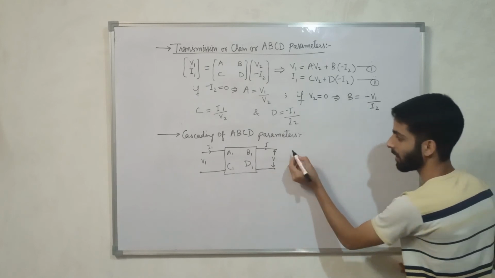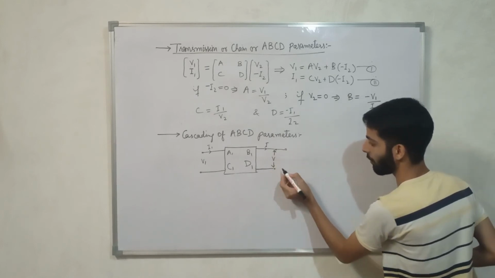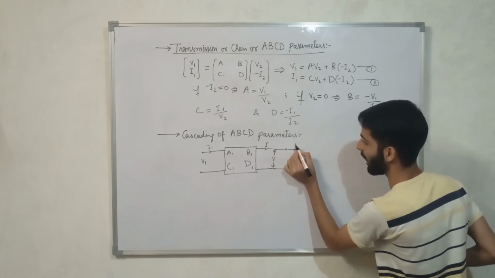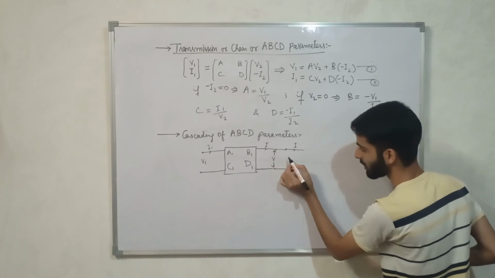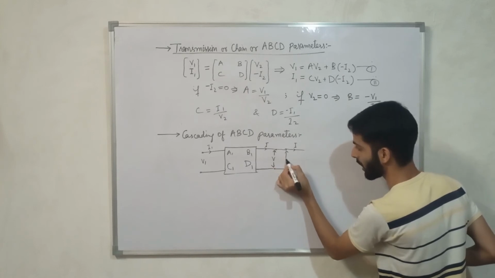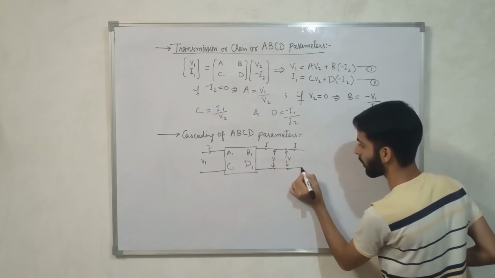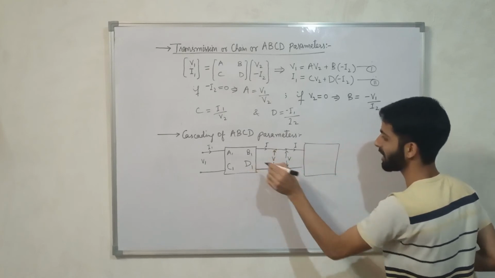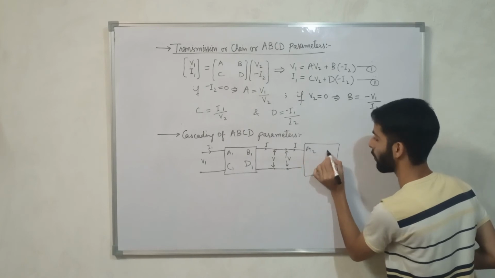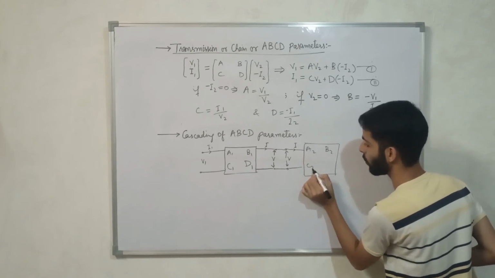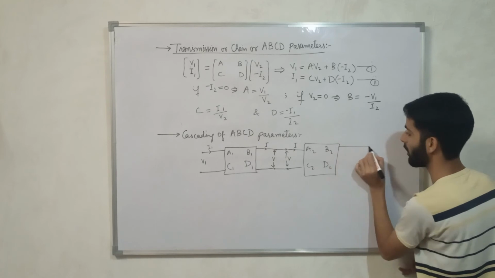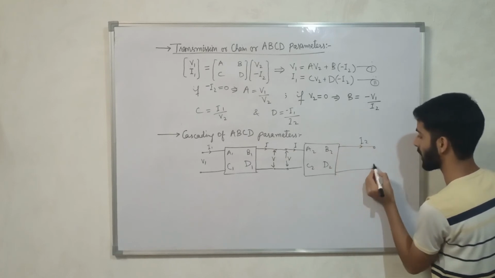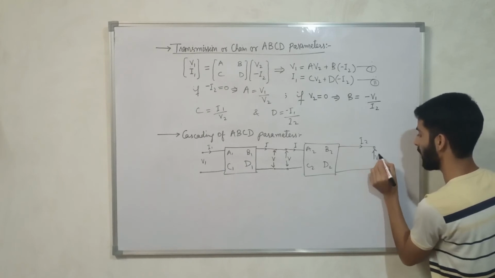If we join this with some other two-port network whose current will be I and the voltage will be the same, that is voltage V, this will have its own ABCD parameters like A2, B2, C2, D2, and the output will be current I2 and the voltage will be V2.